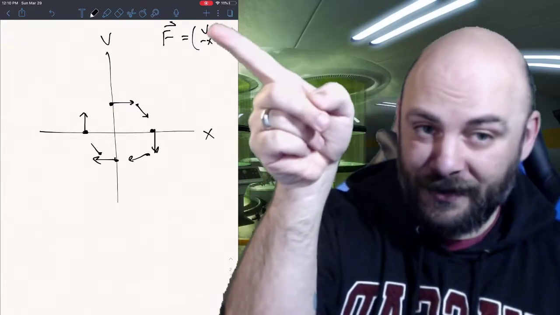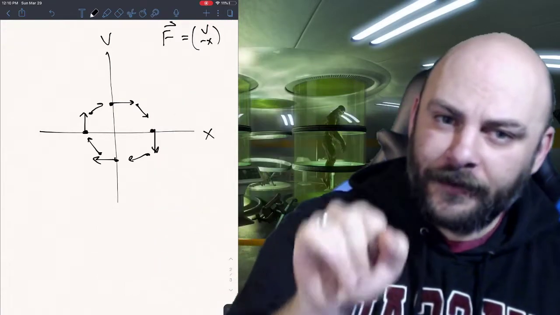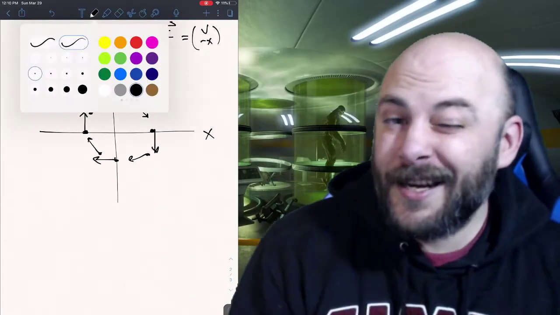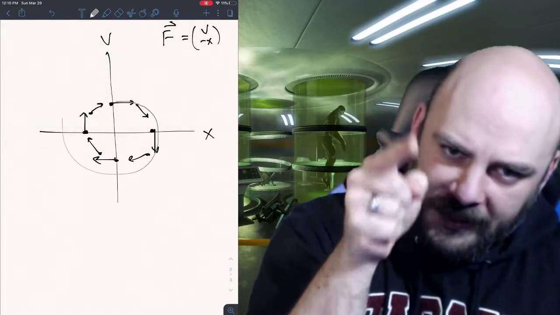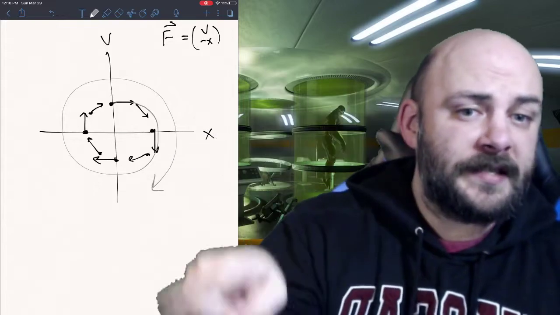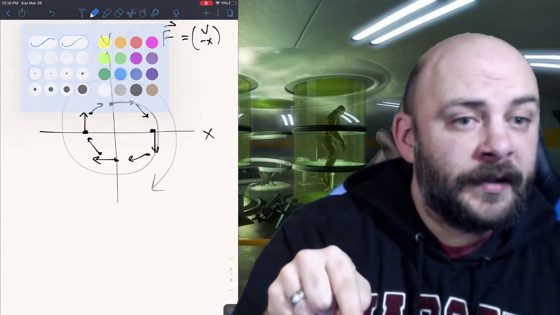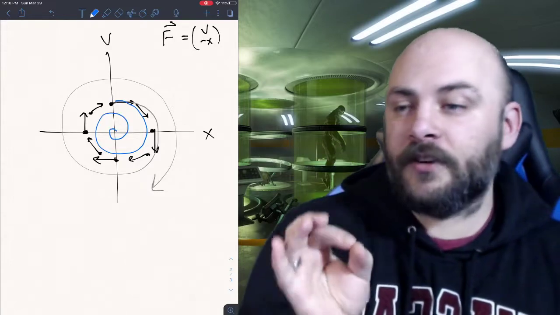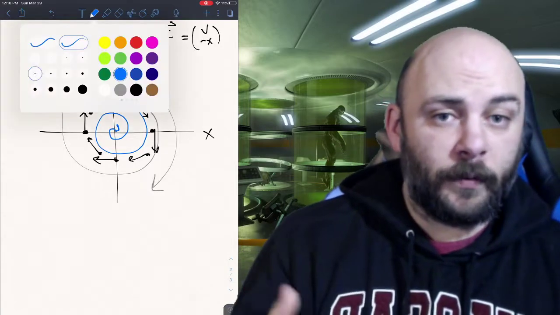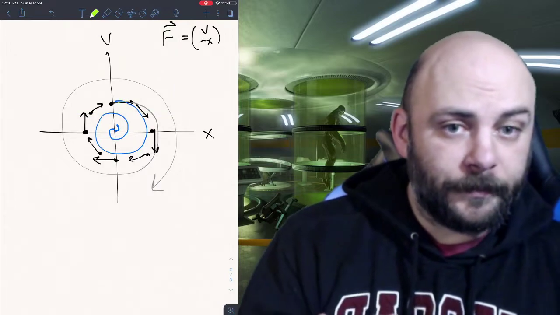You could choose any other values there, and you get something that kind of looks like a circle, but we have to remember this is not perfect. We're not doing each individual point, so we don't know if this is actually trying to spiral outward, if it's trying to spiral inward, or if we actually are on some form of closed orbit where we will go around in a circle.